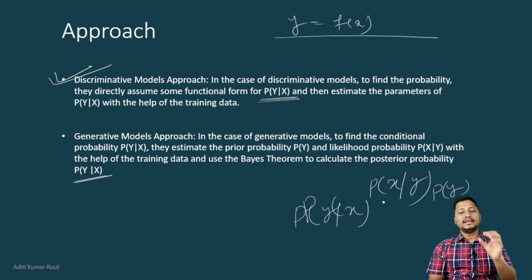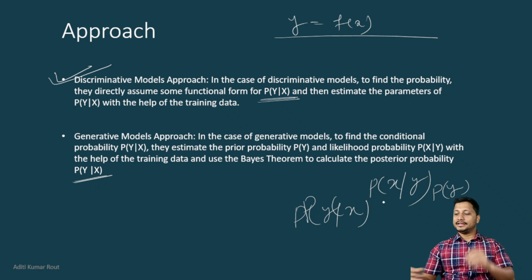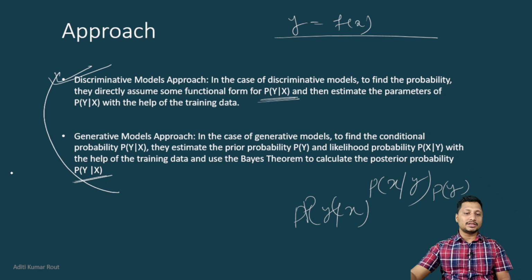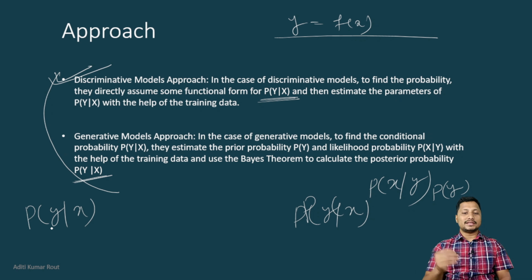In both cases our end goal is to get the probability of y given x, but in the second case we calculate the likelihood probability to see how similar whatever we are going to predict is to the reference we are using to generate the data.